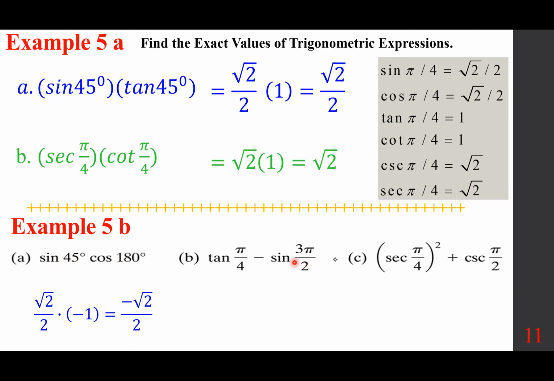Multiples of pi over 2 when it comes to sine are either 1 or negative 1. And so 1 minus negative 1 results in positive 2. Secant of pi over 4 is square root of 2. You want to square that, which gives you 2.